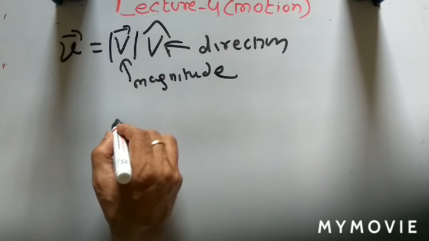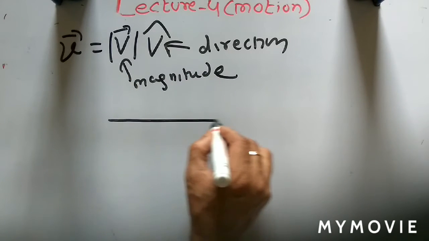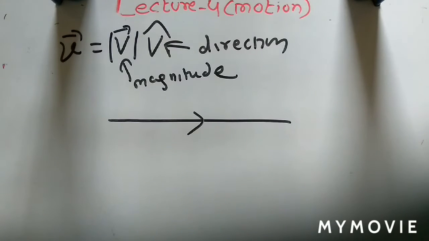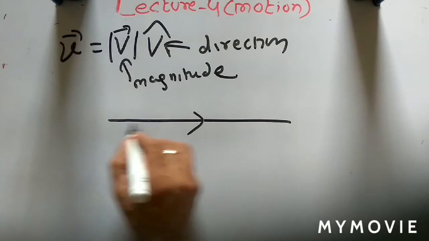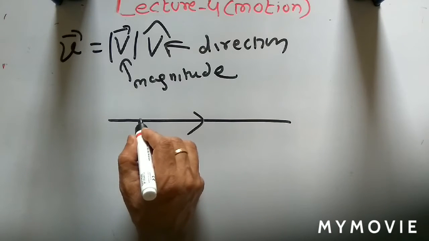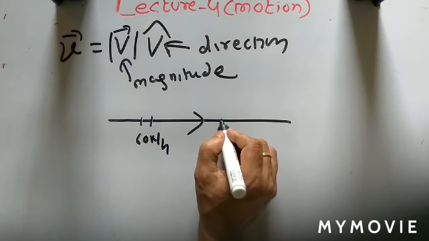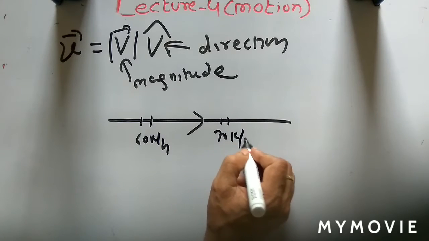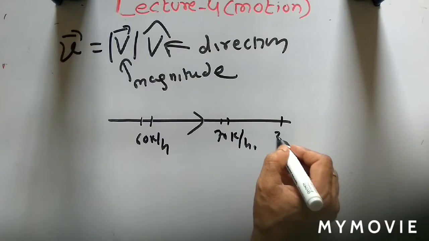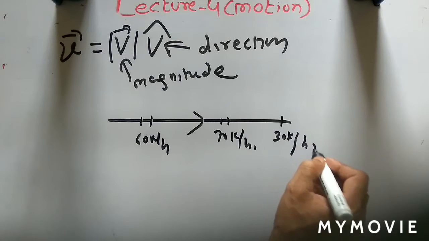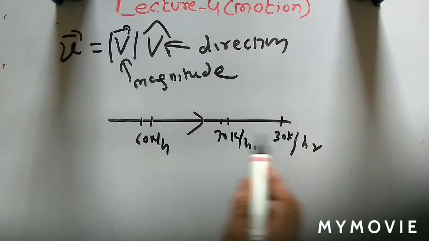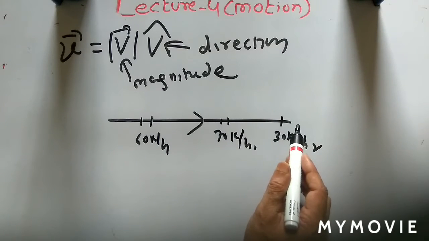Okay, suppose a car is moving on a straight line. Straight line means direction is the same. But if at this instant velocity is 60 km per hour, at this distance velocity is 70 km per hour, at this distance the velocity is 30 km per hour, then the magnitude of velocity is changing, but direction is constant.